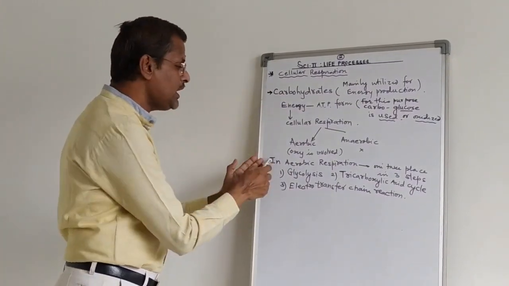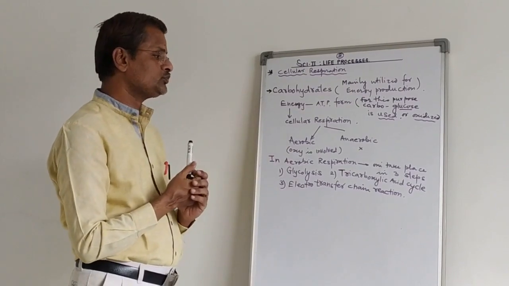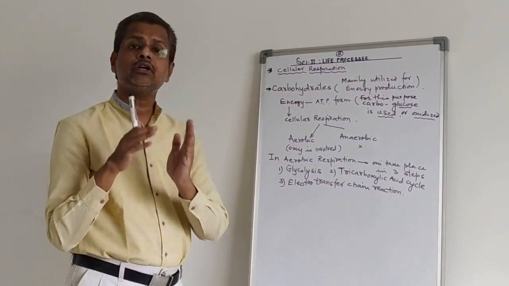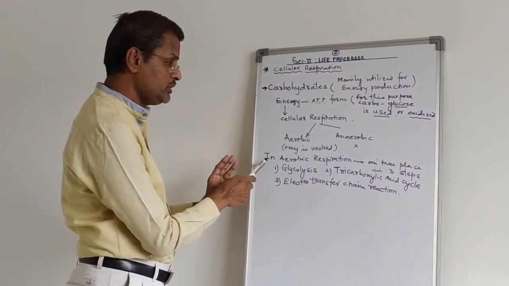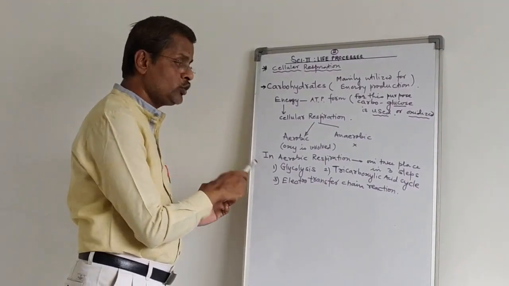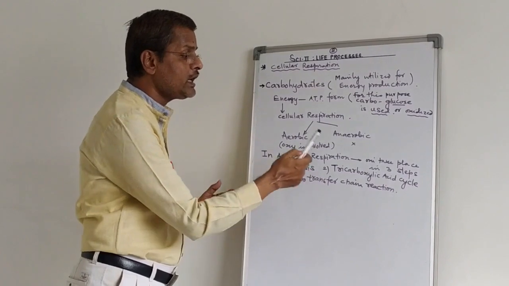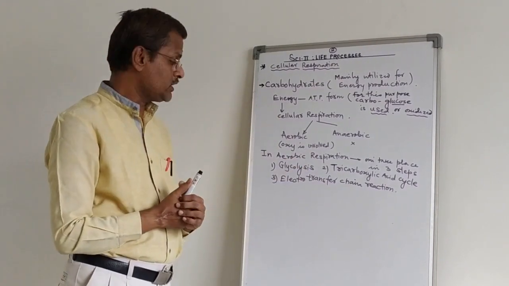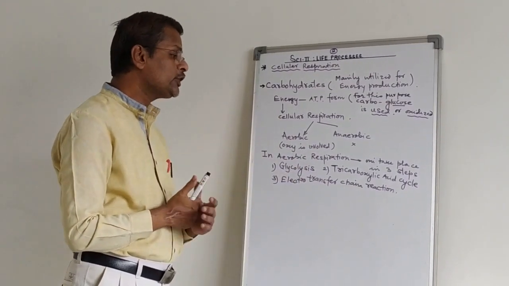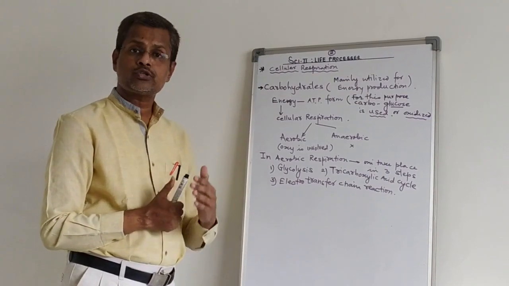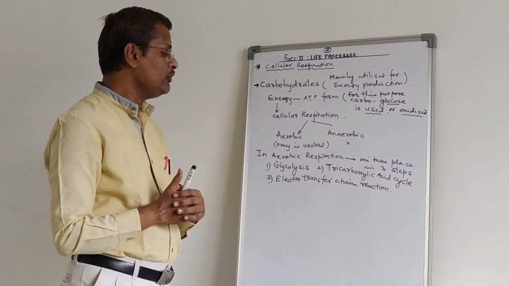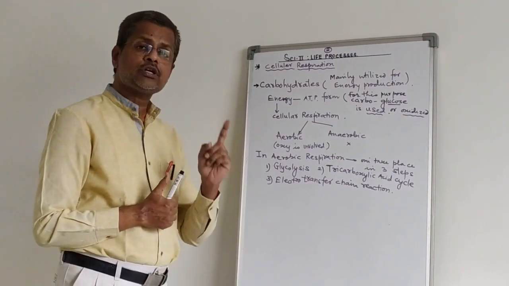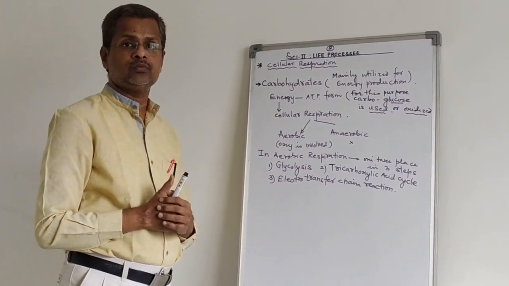Here in aerobic respiration, oxidation takes place in 3 different steps. These are glycolysis, tricarboxylic acid cycle, and electron transfer chain reaction. Here we will study each type in detail.